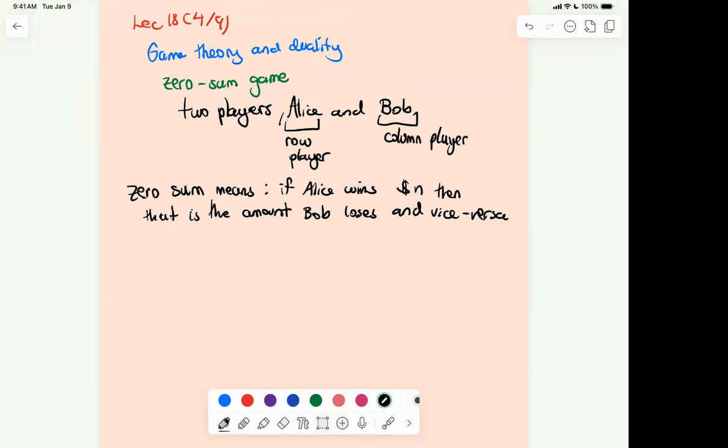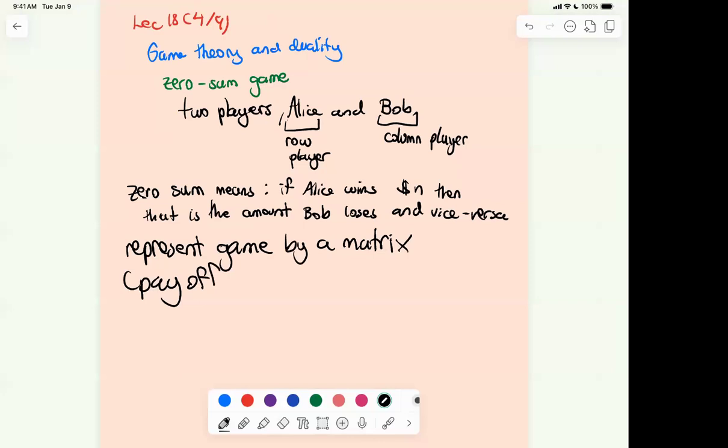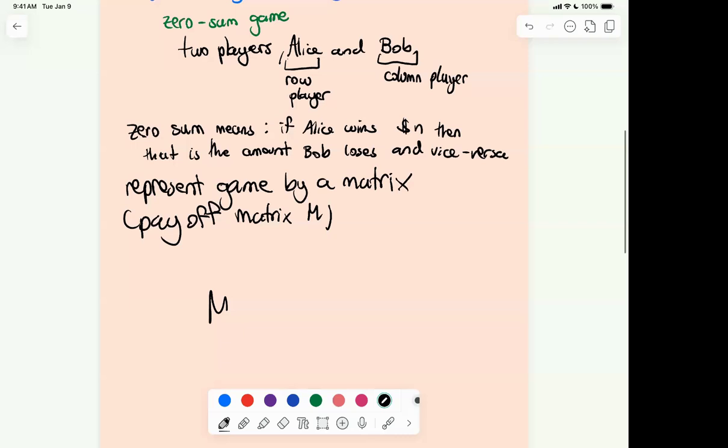So the idea is to represent the game by a matrix, which is called the payoff matrix. No, sorry, I'll put the 2 here.